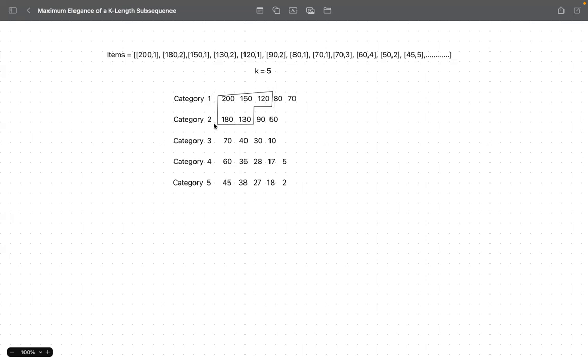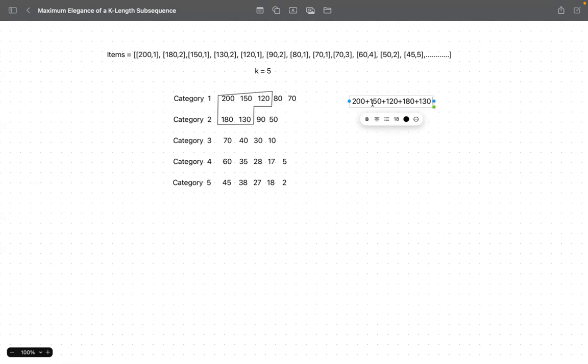How much elegance will there be? We can just sum all of this, and then find the number of categories. How many categories are there? 2 categories. And the sum is just the sum of it all: 200 plus 180 plus 130, right?